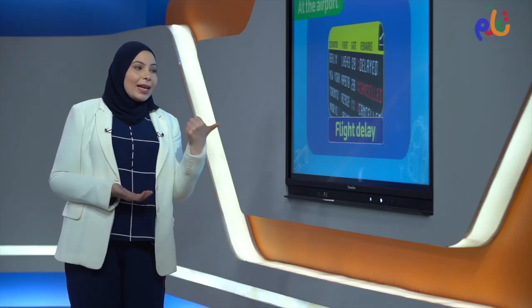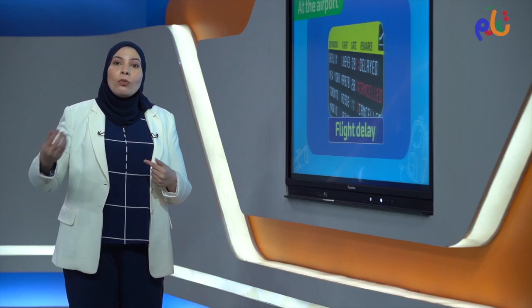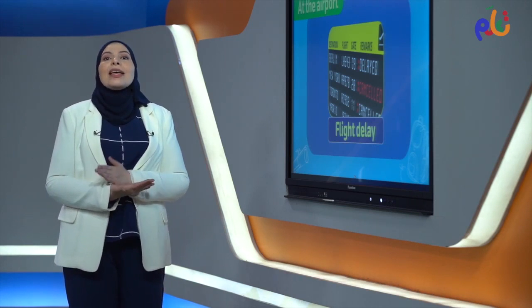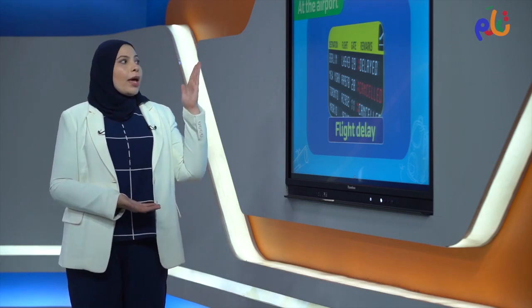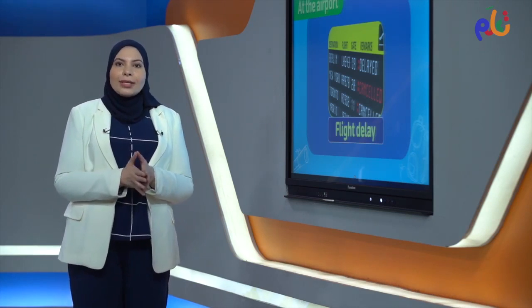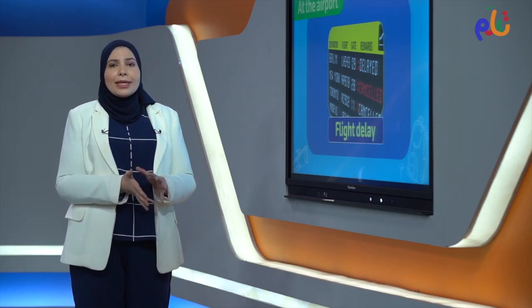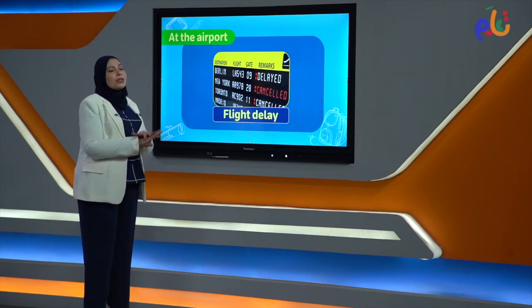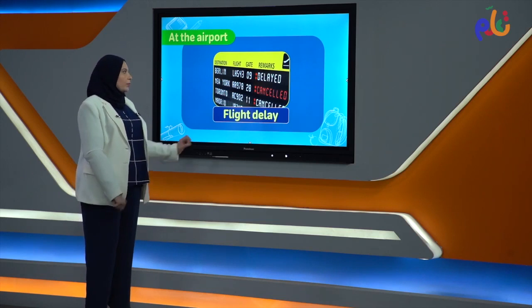Or maybe it's delayed, which means the plane would be a bit late, or sometimes it's cancelled. So, if we're talking about the remarks, it's either on time, or delayed, or cancelled. So, delayed means it will be late, cancelled, there will be no flight.